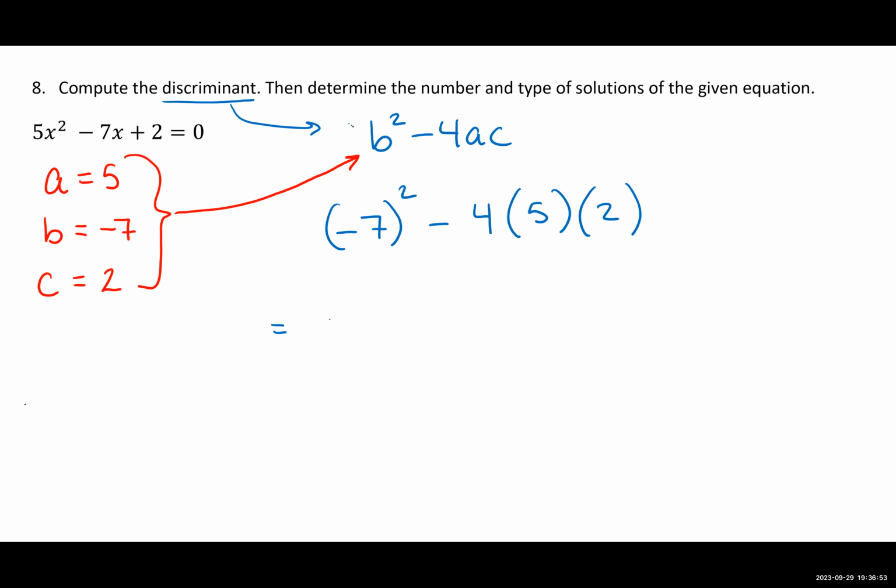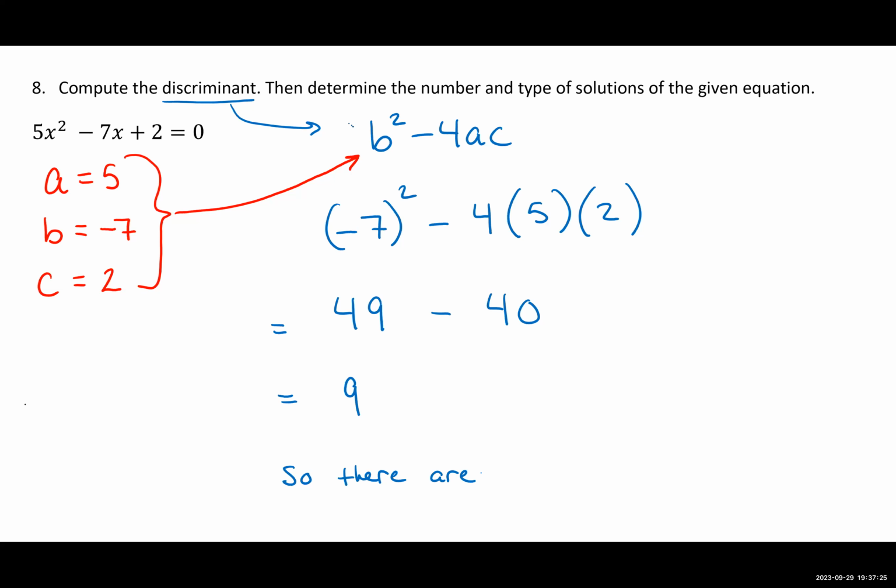So that would equal negative 7 times negative 7 is 49, minus 4 times 5 is 20, 20 times 2 is 40, so minus 40. 49 minus 40 equals 9. 9 is a positive number, so there are two solutions, right?